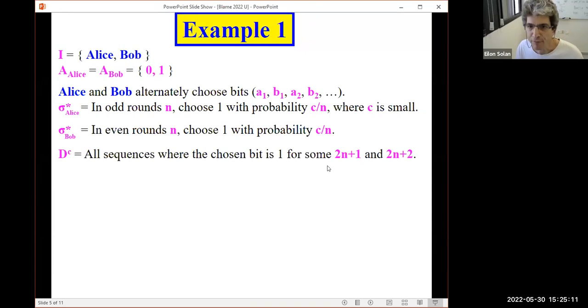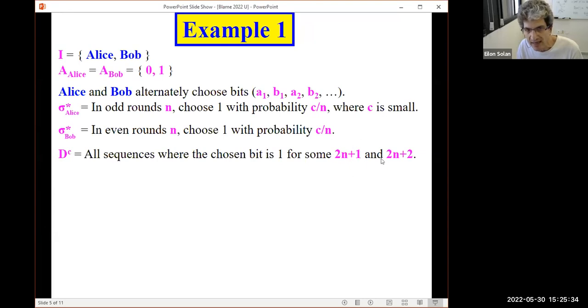Suppose that the set of bad sequences, and here I define the complement of D, the set of bad sequences, is all sequences where both players choose 1 in 2 adjacent stages, 2n plus 1 and 2n plus 2. So 2n plus 1, this is Alice's.